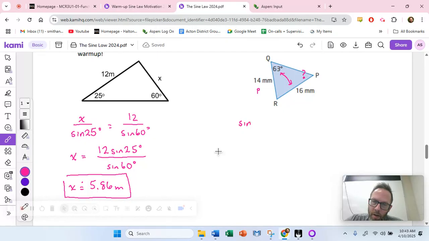I got to come along for the ride. Sine of capital P all over, now, I'm going to show some extra steps here, equals sine Q over little q. And then I'll plug in.